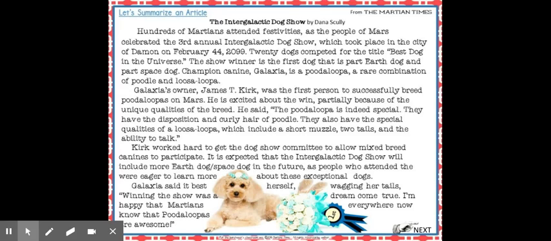Champion canine Galaxia is a Poodle de Lupa, a rare combination of poodle and Lhasa Lupa. Galaxia's owner, James T. Kirk, was the first person to successfully breed Poodle de Lupas on Mars. He is excited about the win, partially because of the unique qualities of the breed.